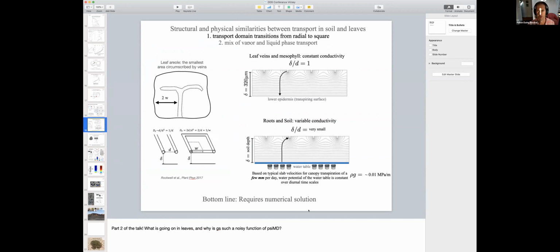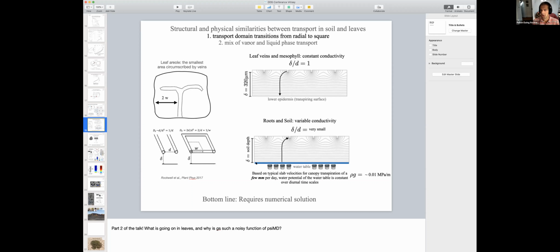What the full model of the soil looks like is you have your roots with some spacing, and in this case, they're square. I apologize for square roots, but you see that the shape of the gradients is correct. This is the gradients in water potential. And then you have a water surface down here.